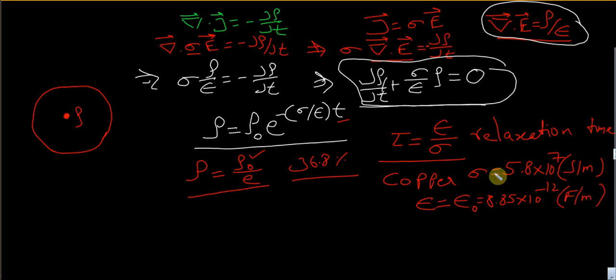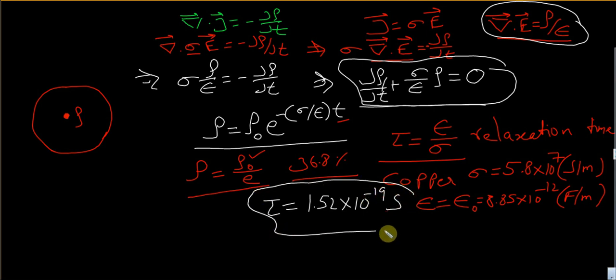If you put this value, tau for copper and free space is approximately equal to 1.52 into 10 to the power minus 19 second.